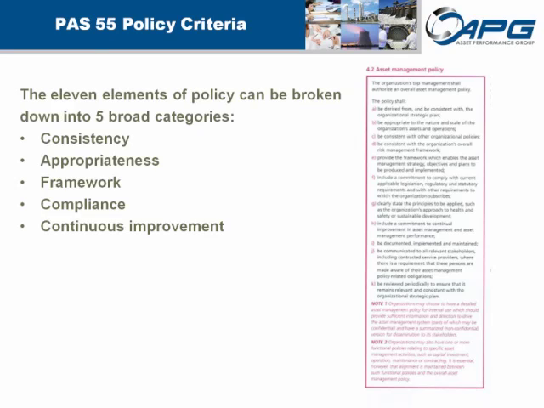However, if we roll those up, they really fall into 5 broad categories, which are the themes that PAS-55 is looking for here. First one, of course, is consistency. Is the asset management policy consistent with the organizational strategic plan and other organizational policies? So it can't be conflicting. A real simple example is maintenance versus operations.